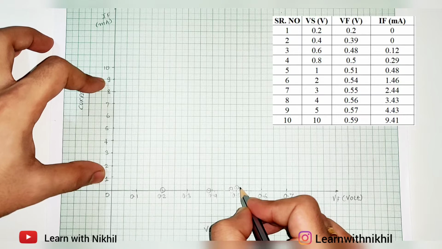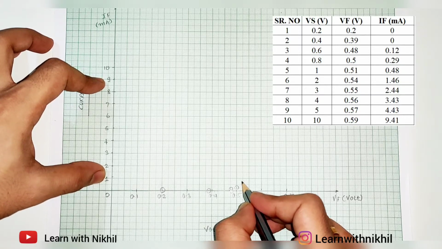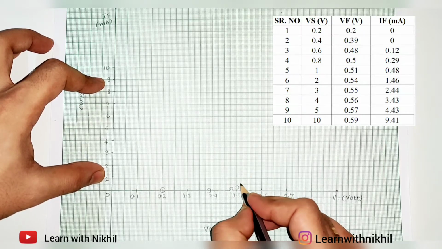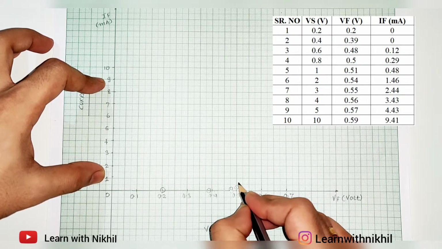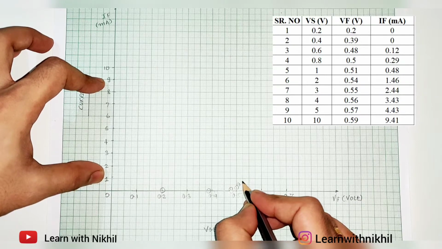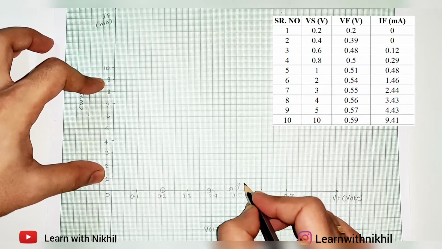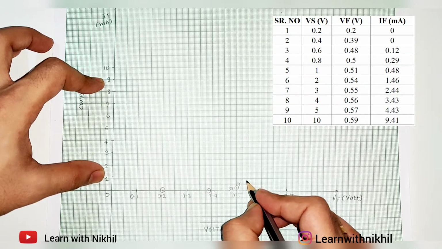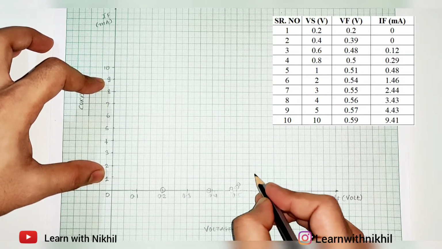Now from here the current is starting to increase much higher as the threshold voltage is crossed. So voltage is remaining constant and current is increasing. Now 0.54 volts, current is 1.46.